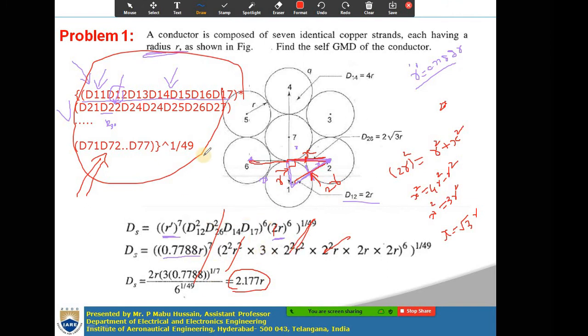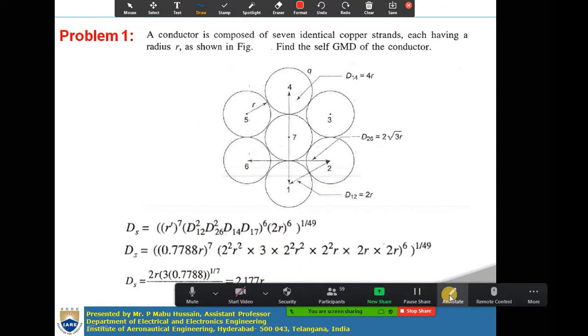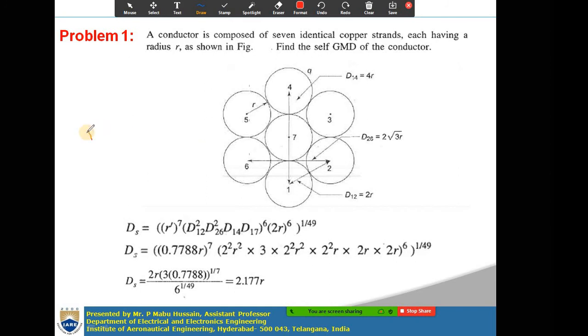So, are there any doubts here? If you have any doubts in this problem, you can ask. First you have to develop the self distance equation simply, which has a number of product terms, with the product taken whole to the power of 1 by n square.